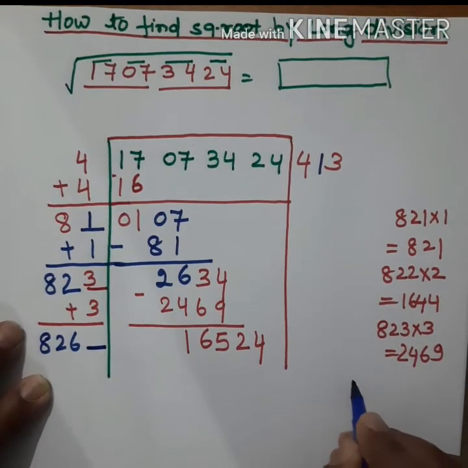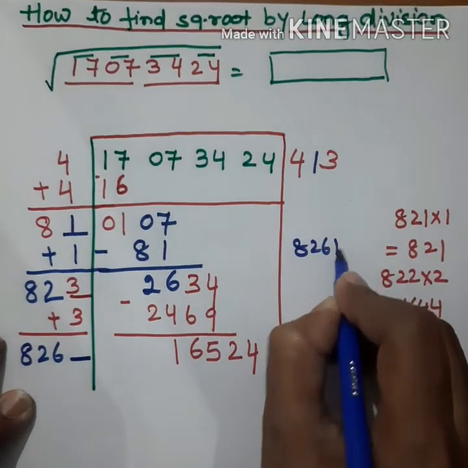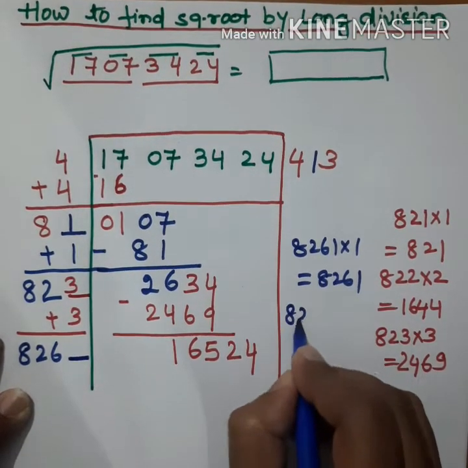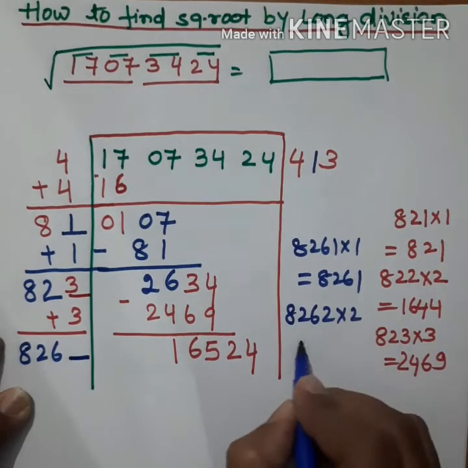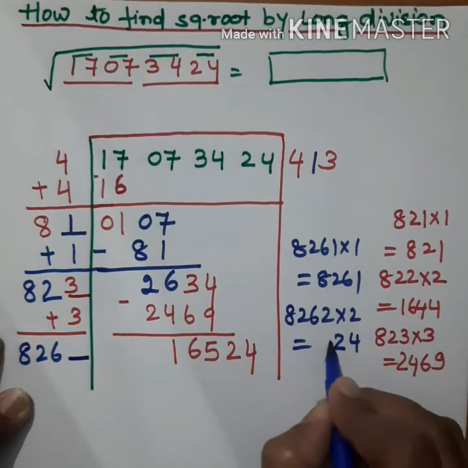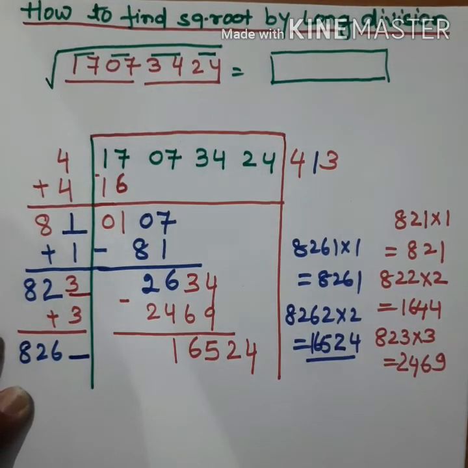8261 ones are 8261, and 8262 into 2 will give you 2 2s are 4, 2 6s are 12, 2 1s are 2 and 1 makes 3, and 2 8s are 16. You are getting 16524.